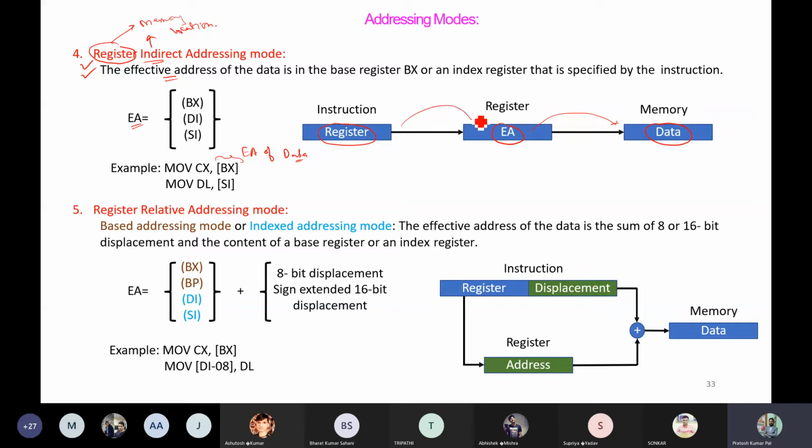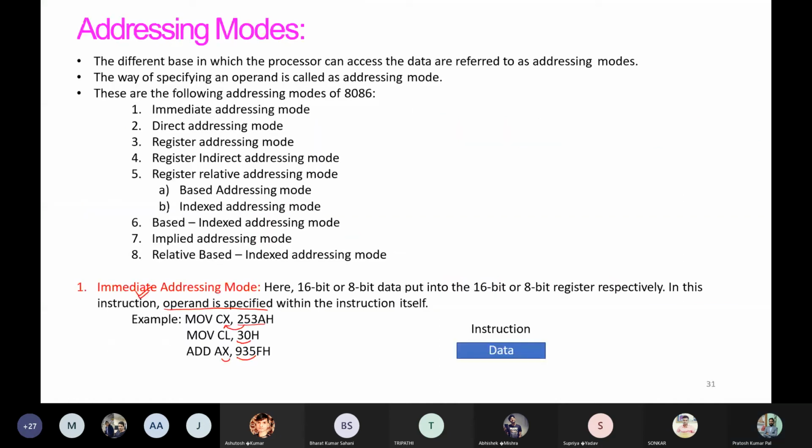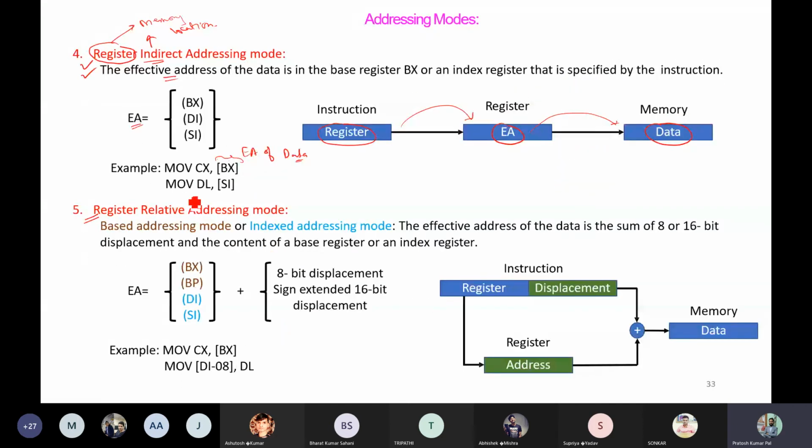The next one is register relative addressing mode. Based addressing mode or index addressing mode, there are basically two types we have seen here: register relative addressing mode, either based or indexed. If we consider the base addressing mode, then the effective address will be in the form of BX and BP along with an 8-bit displacement.